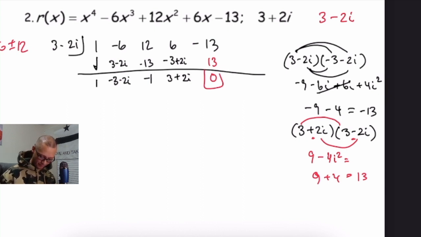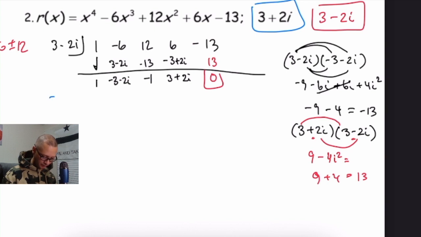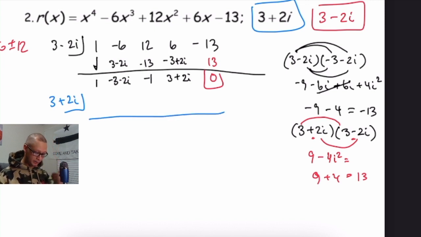Okay. One more time. So we used this one, now we're going to use the given one. Doesn't matter which one we use first. But we're expecting a 0 to happen, right?